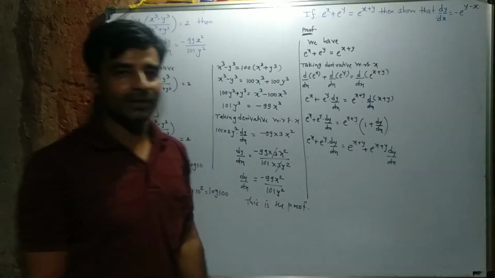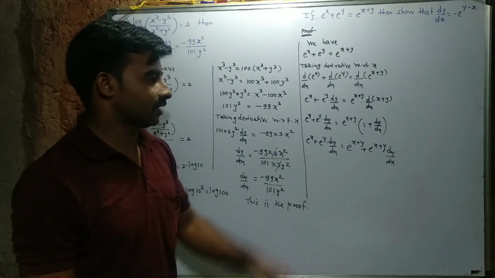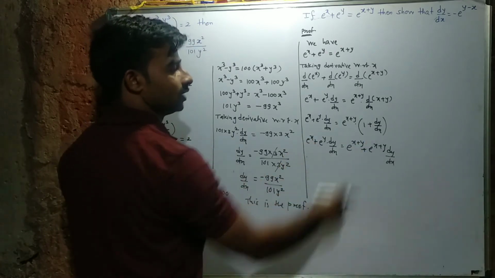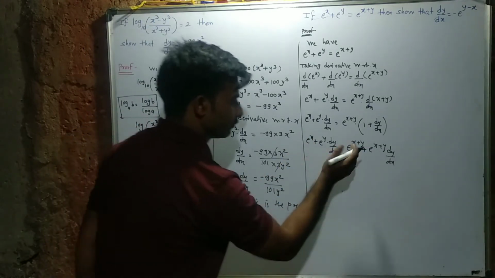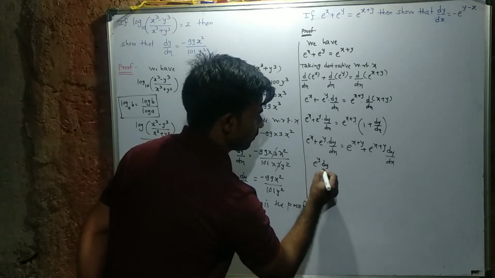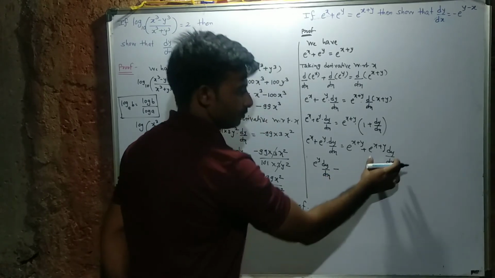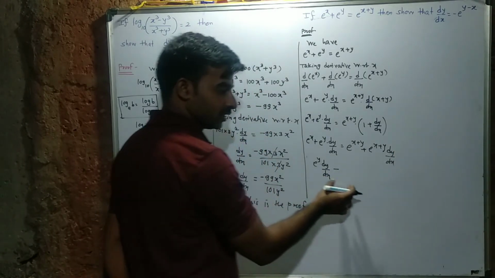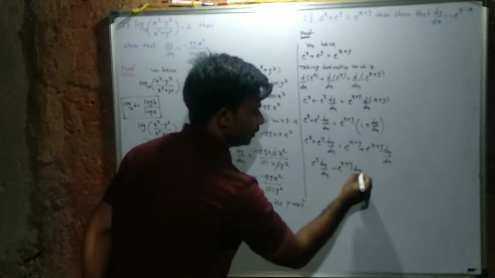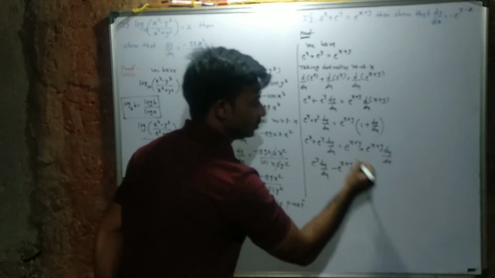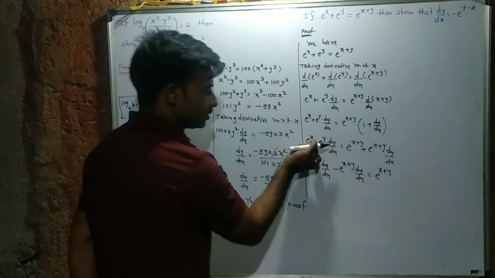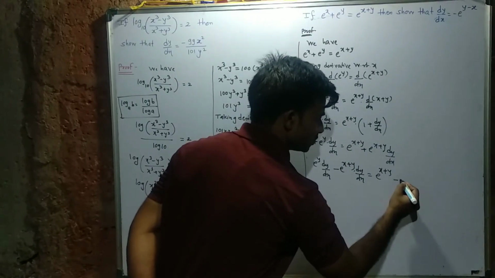Now collect the dy by dx terms on the left hand side and transfer the normal term, that means e raised to x, on the right hand side. You will get e raised to y into dy by dx minus, because this term is a plus here, then it is taken as a minus, e raised to x plus y into dy by dx is equal to, this term is put as it is, e raised to x plus y, and this term is a plus here, then it is taken minus, e raised to x.